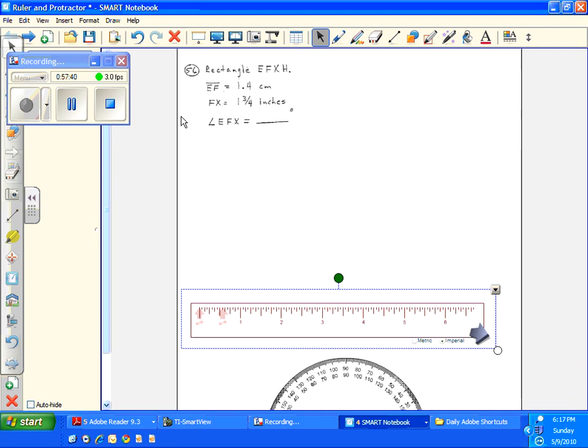So we've got rectangle EFXH. We're trying to construct this. It says EF is 1.4 centimeters. FX is 1 3/4 inches. So we're going to start out with FX. Now, again, like I was trying to show you, from here to here is 1 inch. Now, if that's an inch, then this mark would have to represent a 1/2 inch.